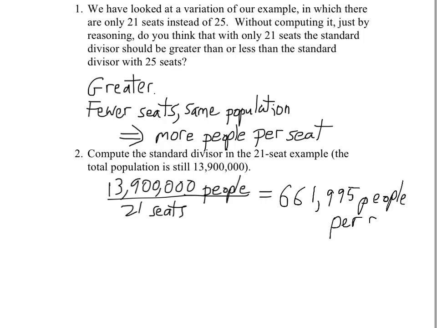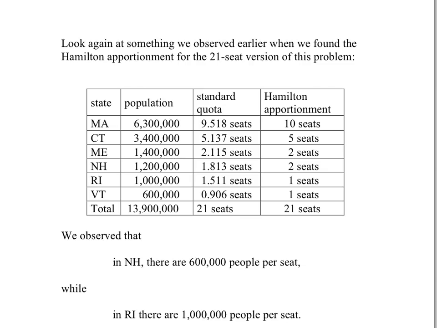Okay, those units are worth keeping in mind. So in the previous example, it was only 556,000 people per seat. Now it's over 660,000 people per seat. Right? So there are more people per member of Congress now, as we expected that there would be. Alright, so we're building some intuition about what standard divisor means, how it's related to our problem.